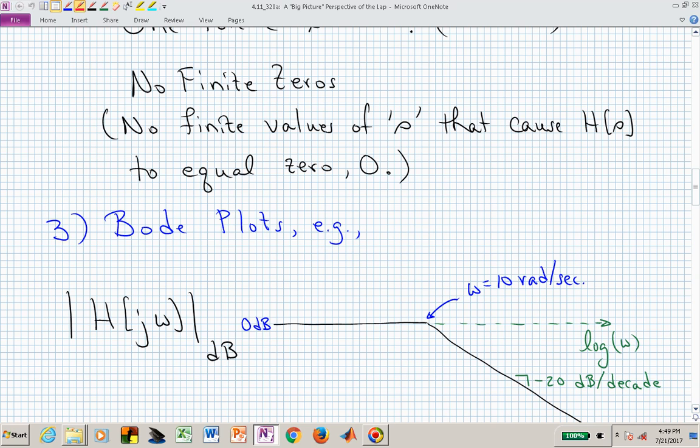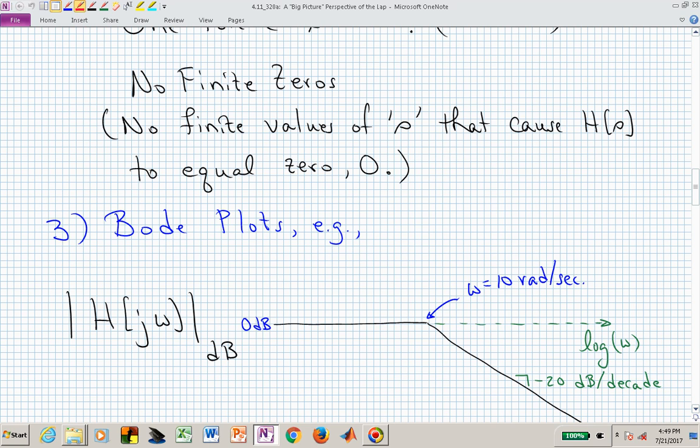We will get a little bit more comfortable with the slopes, but a decade now is a factor of 10, which means that if we start decreasing in magnitude at omega equal to 10, and this is a straight line approximation, it's not quite what the exact magnitude response looks like, but we will concentrate on these straight line approximations for the Bode plot.